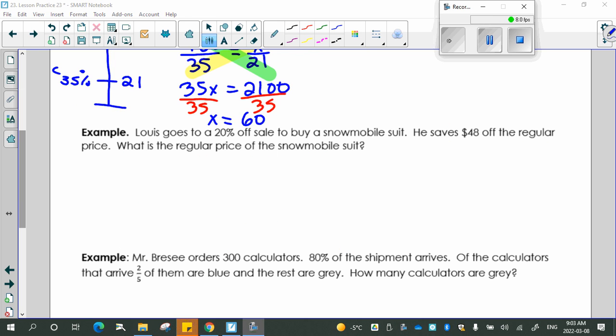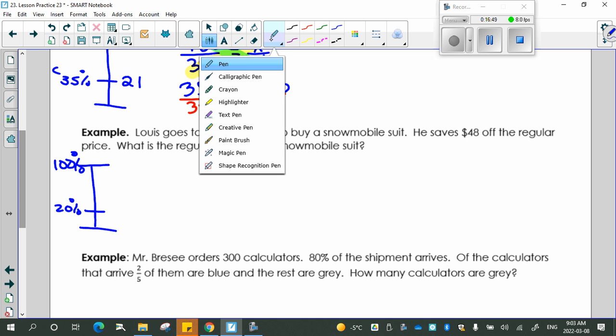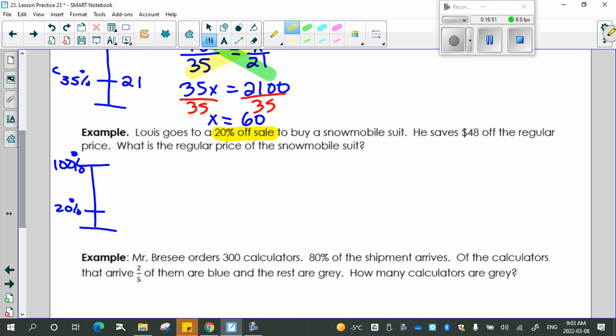Set up the next. All right, so I'm going to draw my graphic organizer here. 100% is up at the top. Lewis goes to a 20% off sale to buy a snowmobile suit. So he gets 20% off, and he saves $48.